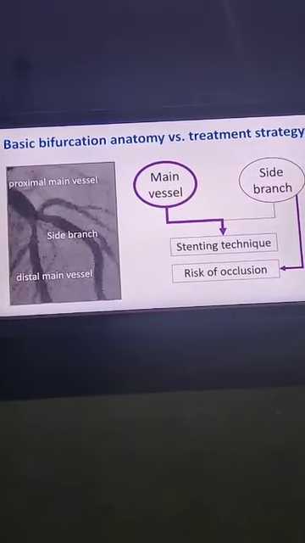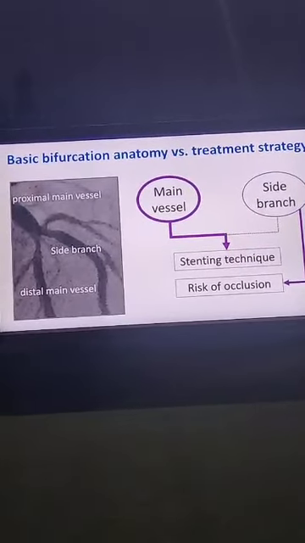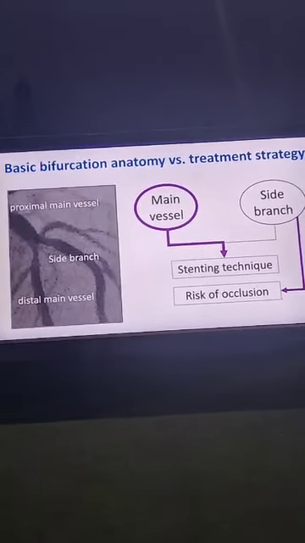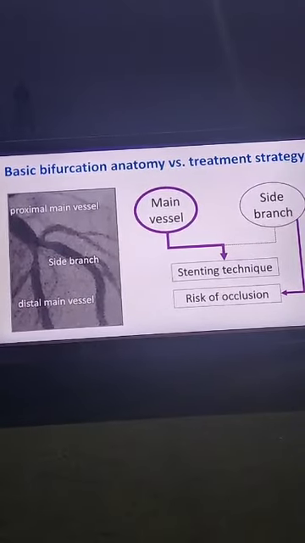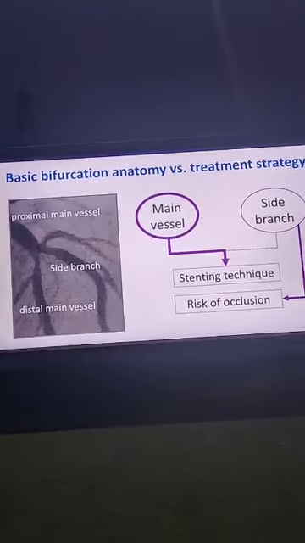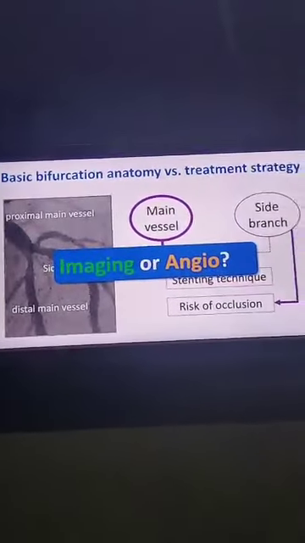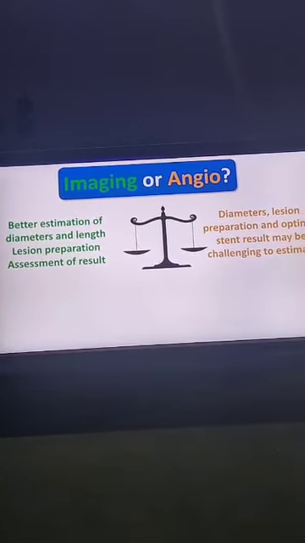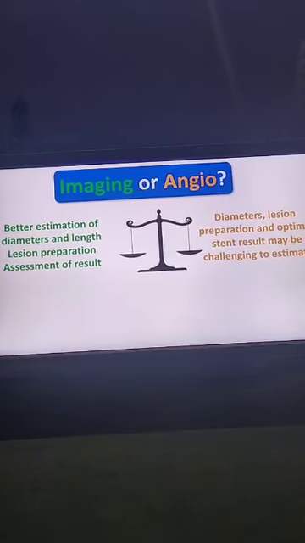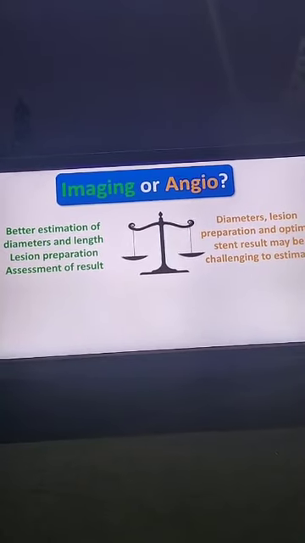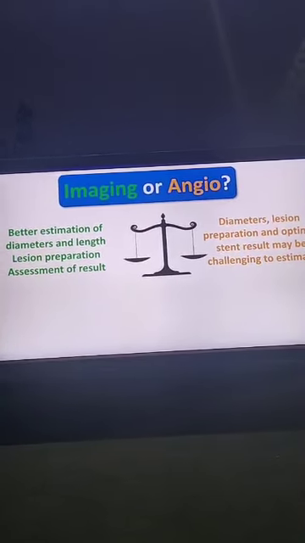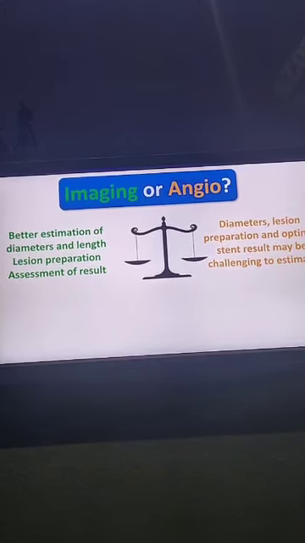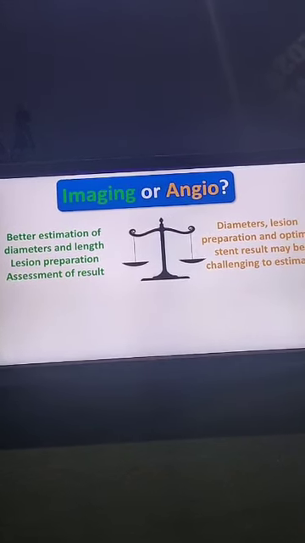We want to achieve the perfect technique for maintaining the main vessel open, and also for not jeopardizing the side branch. So we ask ourselves, imaging or angiography? I think that with imaging, of course, we have better estimation of the measurements, so we may use a better stent preparation, and we may assess the result even more than with the angiogram, because sometimes it is also challenging to estimate.